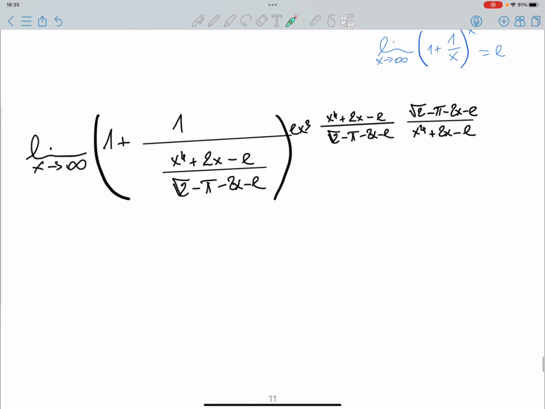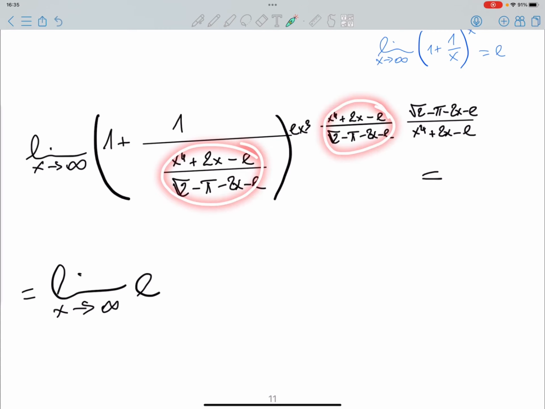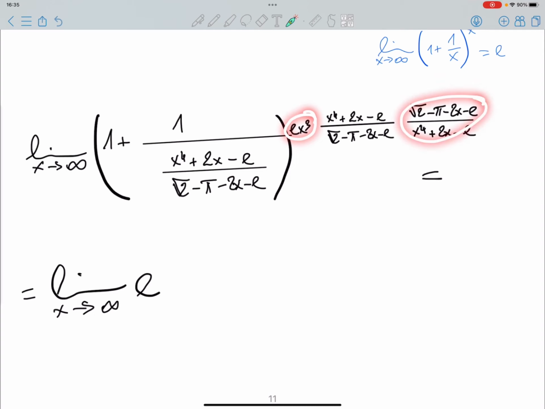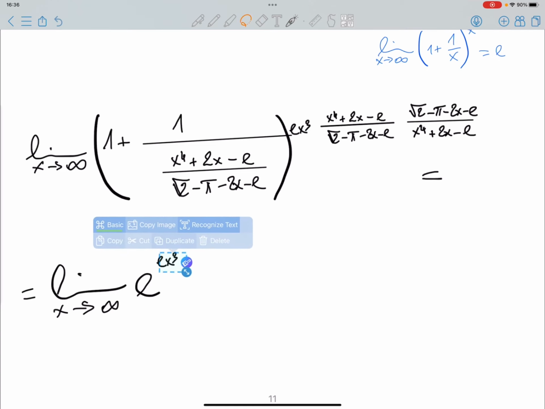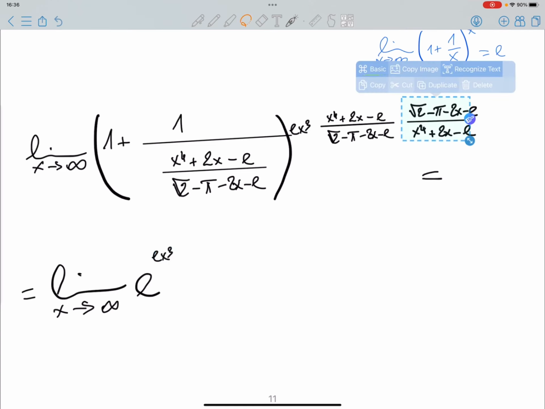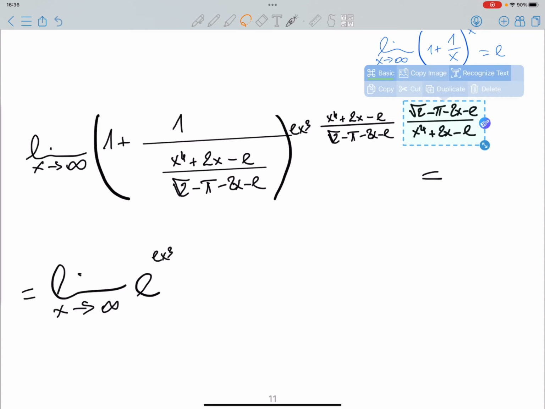So this is going to be equal to the limit as x tends to infinity of e, because we have 1 plus 1 over something to the power of something, which tends to e, then we have e to the power of the remaining, so e to the power of this times this one here.